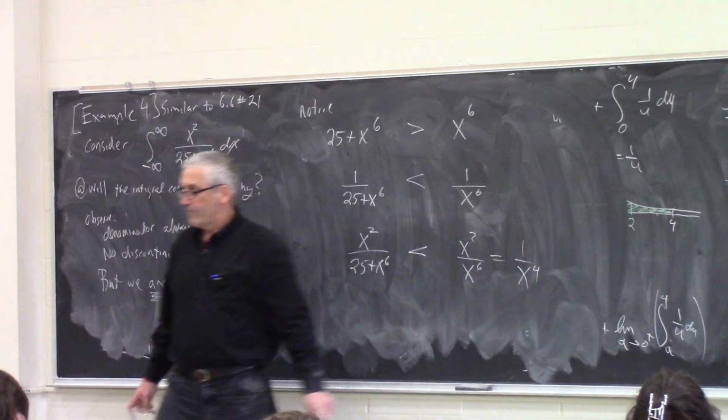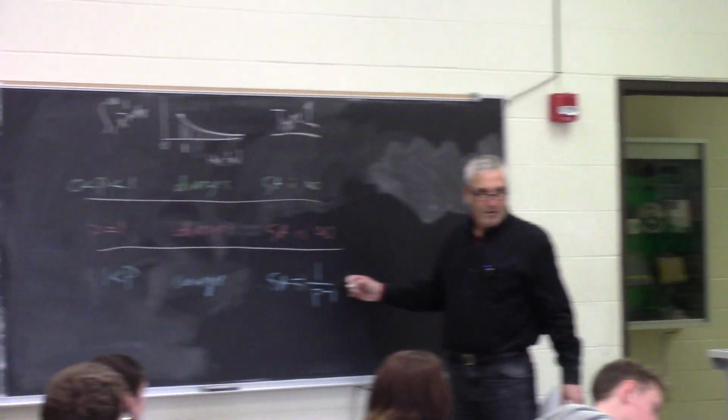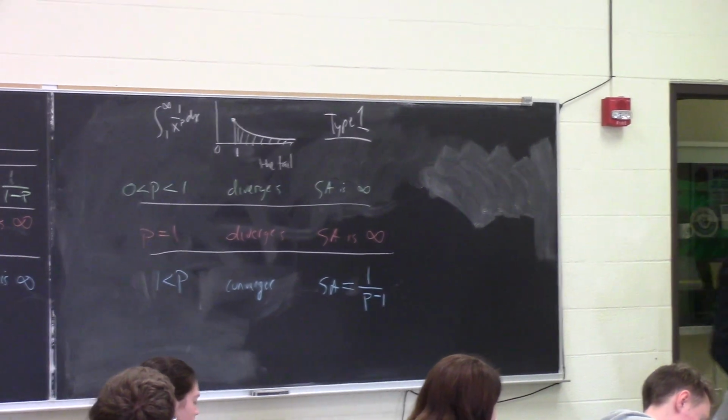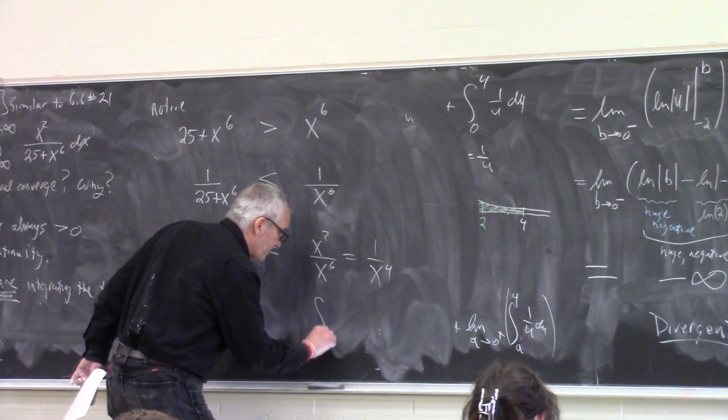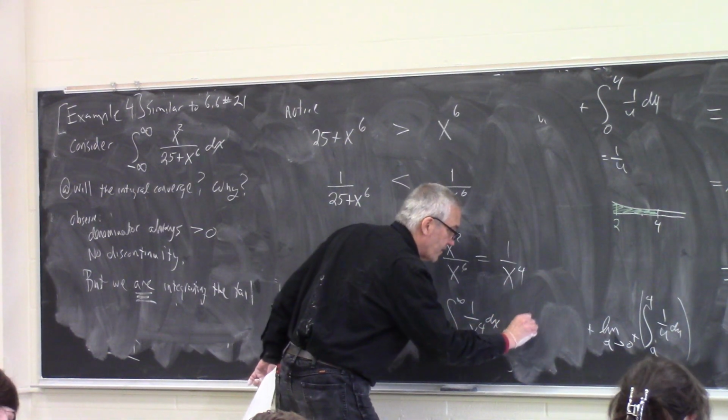Converges. Yeah. We're looking at one of these things. Doesn't matter where I start or stop the tail. But the thing is, the integral from 1 to infinity of 1 over x to the fourth converges.